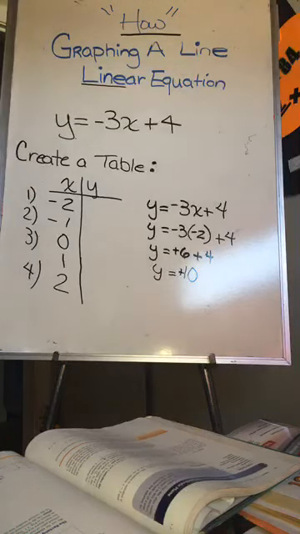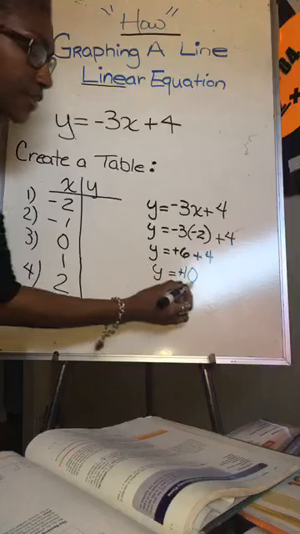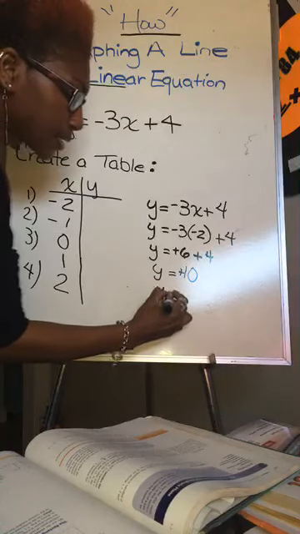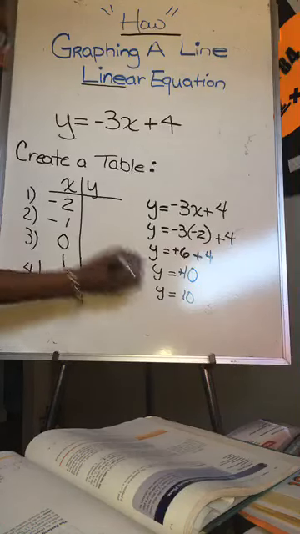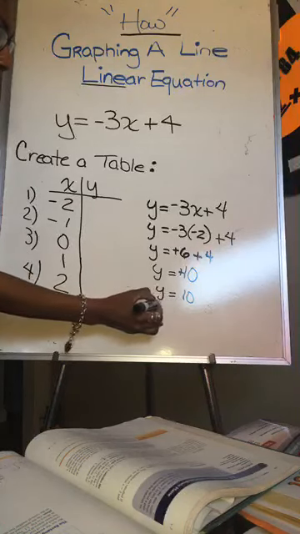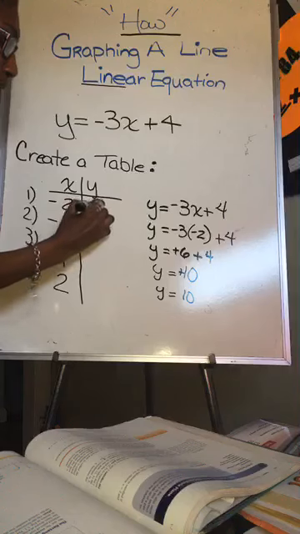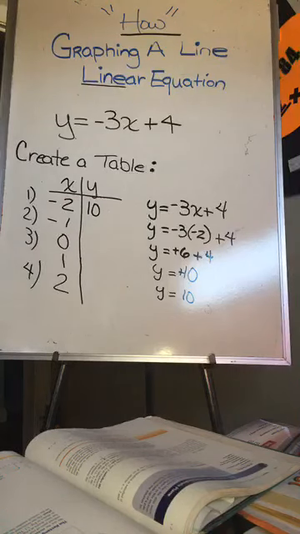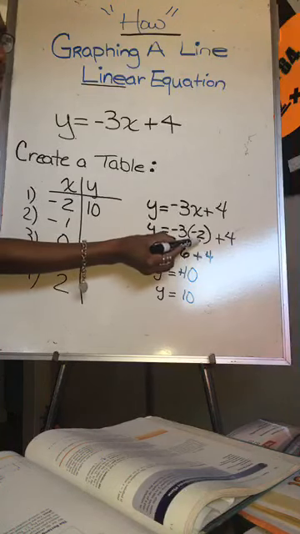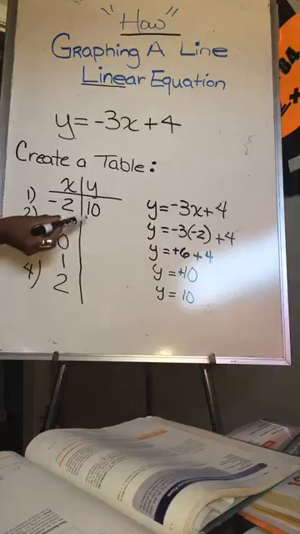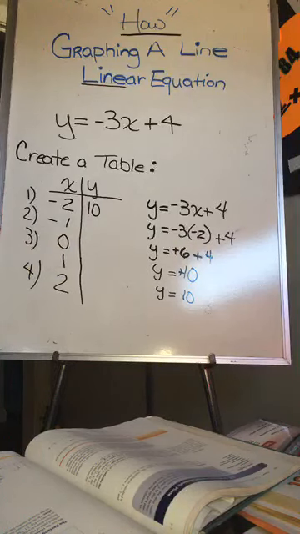But in the book, you would not see that positive there, so we're just going to drop the symbol and just put 10. Okay? So now we can put this number, the y value, on our table. So when we're given a -2 and we plug it into this equation for the value of x, we come out with the result of 10.